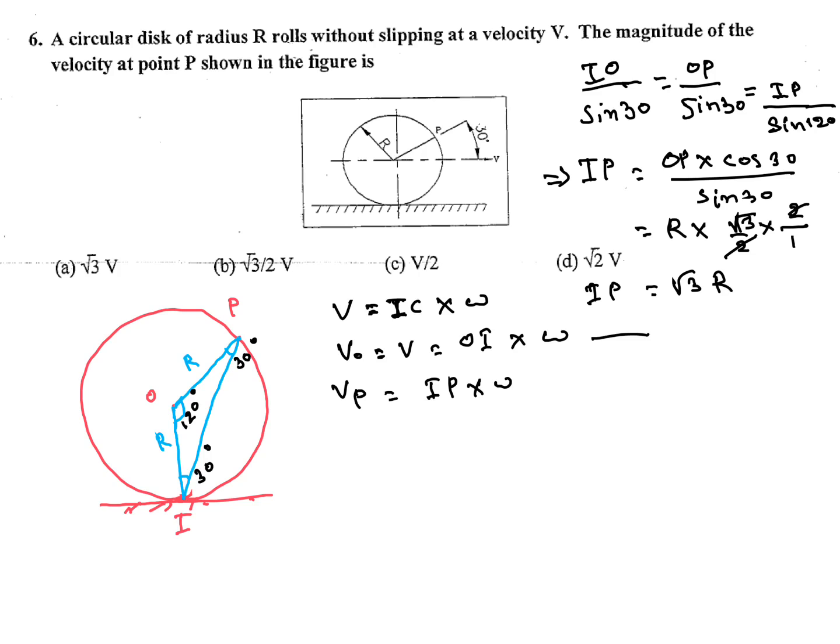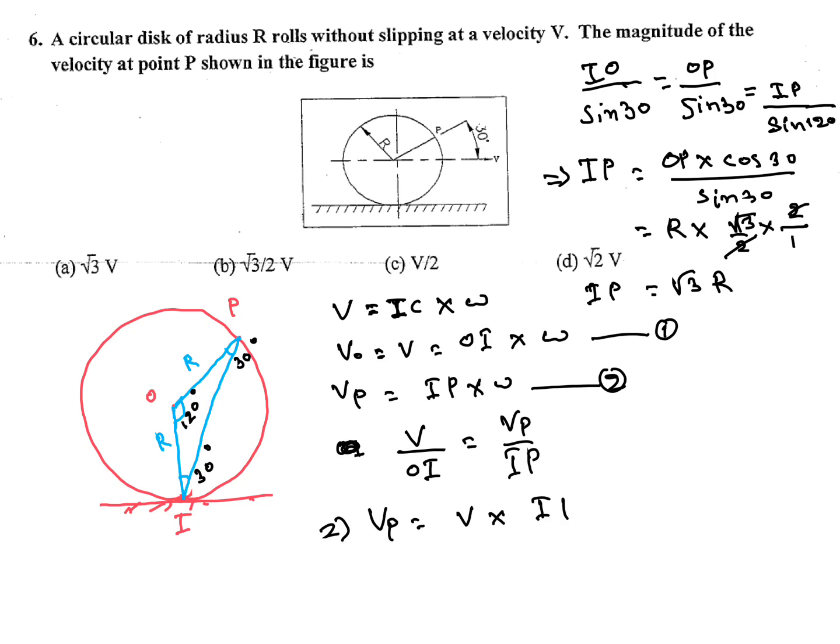So from equations 1 and 2 we write V by OI equals VP by IP. From here we have to calculate VP. VP is V into IP by OI.